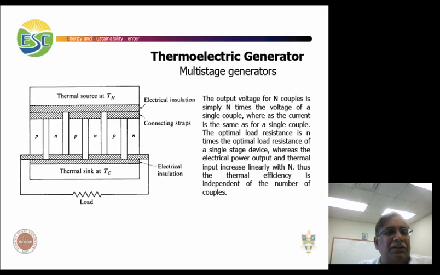So the difference is about 500 Kelvin, and all the material properties for the PN junction are given, and what we need to find out is how many of these we have to put in series to get 100 kilowatts at that particular voltage. So when you do the problem, we apply all the equations we have described here to solve that problem.